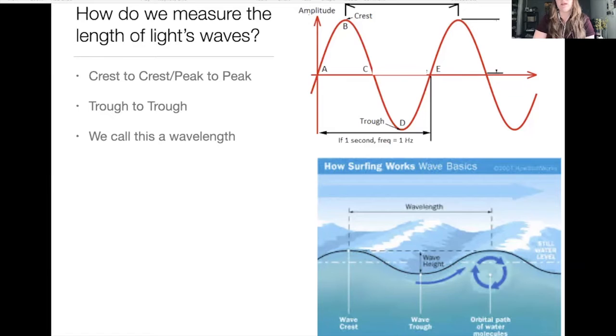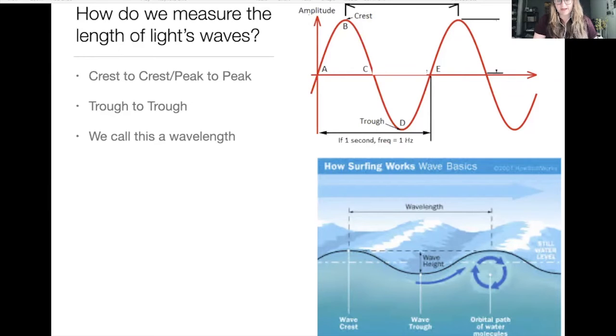And we measure these lengths in some different ways, but really we just use this to talk about the differences between different types of light, because different types of light travel at different lengths of light, which is why we call them wavelengths, because their waves are different lengths.